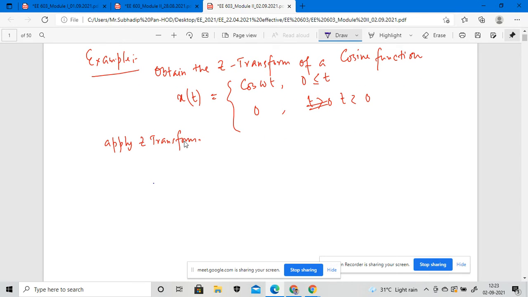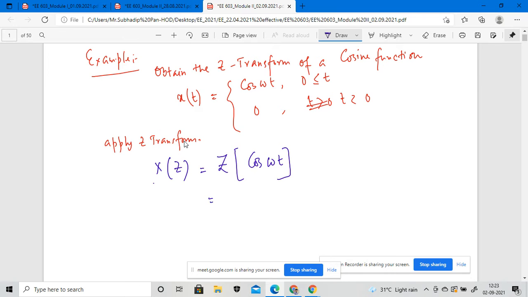So it will come x of z, that is equal to the Z transformation of cos of omega t, right?